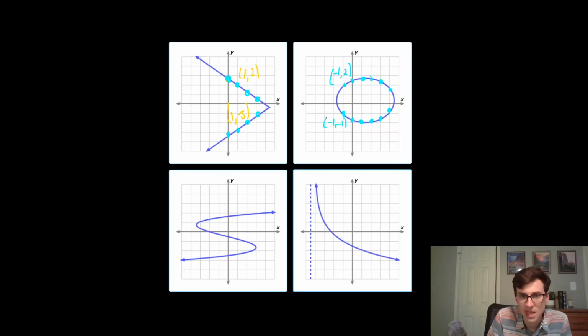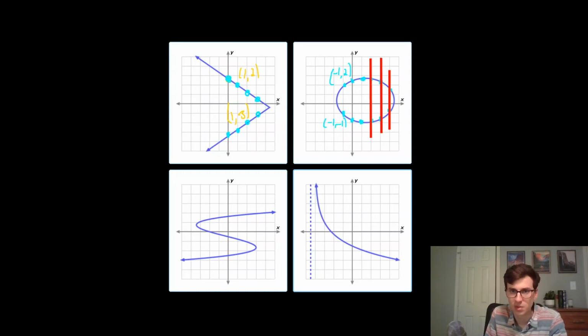The same input, different outputs. Now you might notice that if you were to draw a vertical line where each of these points are, they would be connected, straight up and down.